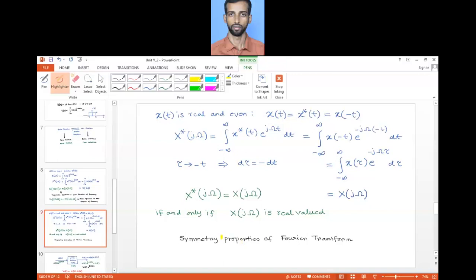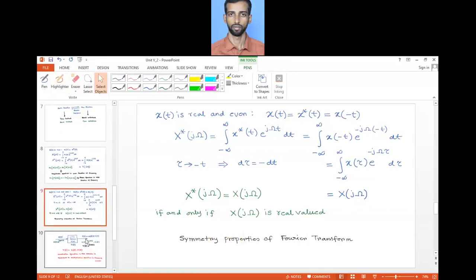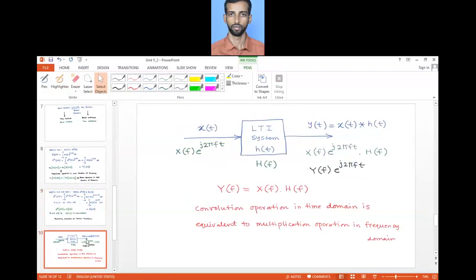That's why I have used this gate function, because then I'll be able to explain the notion of the symmetricity property as well as the duality property by using only one example itself. Now, before I conclude, I would like to give you another important property associated with the Fourier transformation.